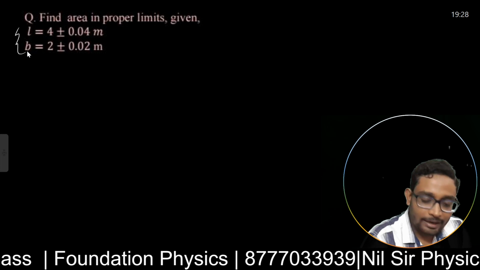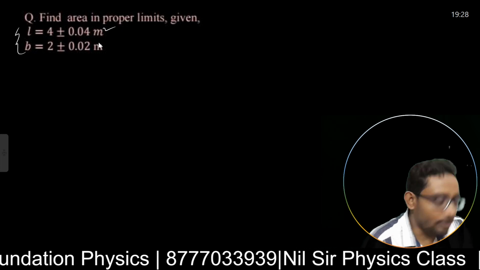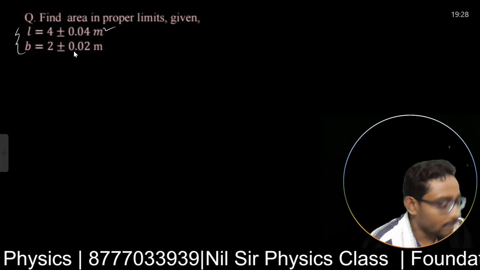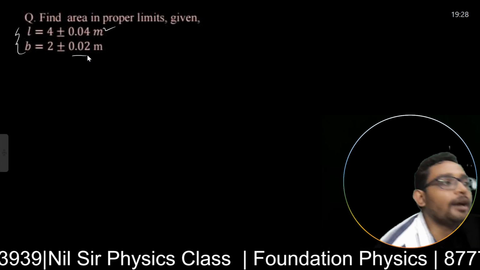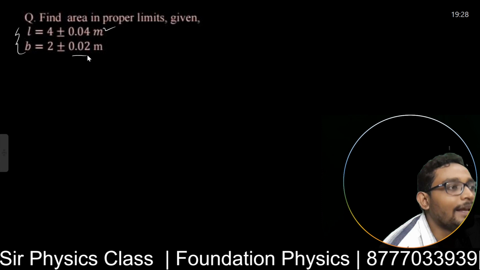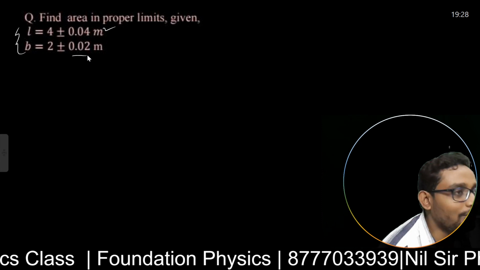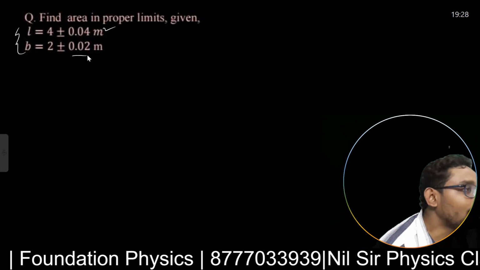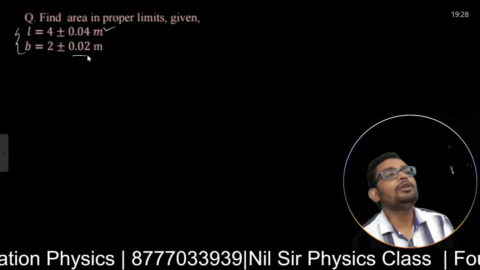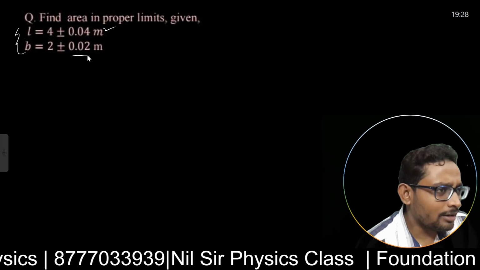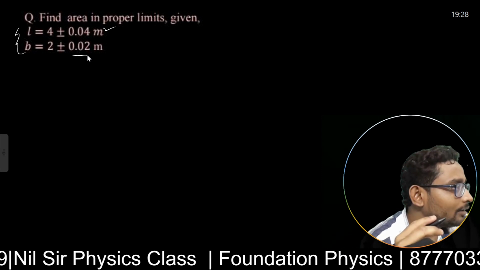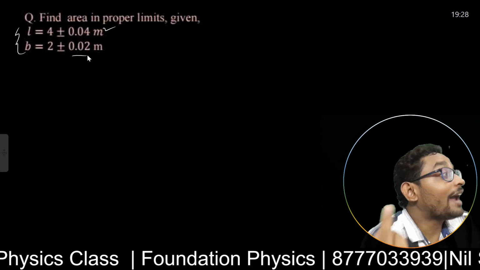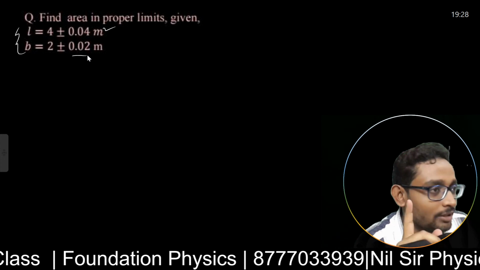So in measuring L you have an error, and in measuring B you have an error. What will be the error in measuring area? You have to find the error in measuring area and then add or subtract that error from your actual area. What is your actual area? First my question.